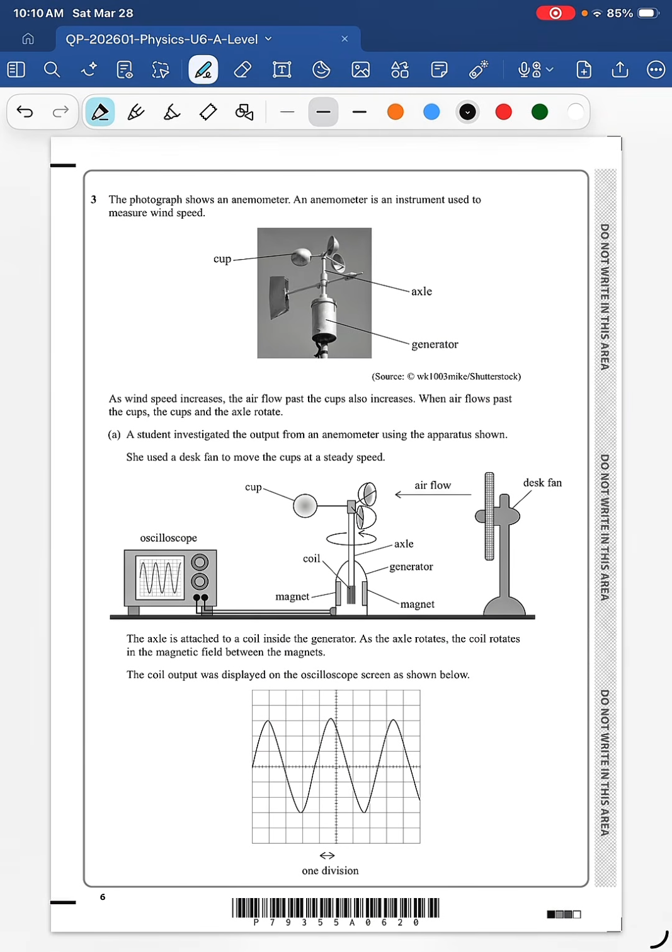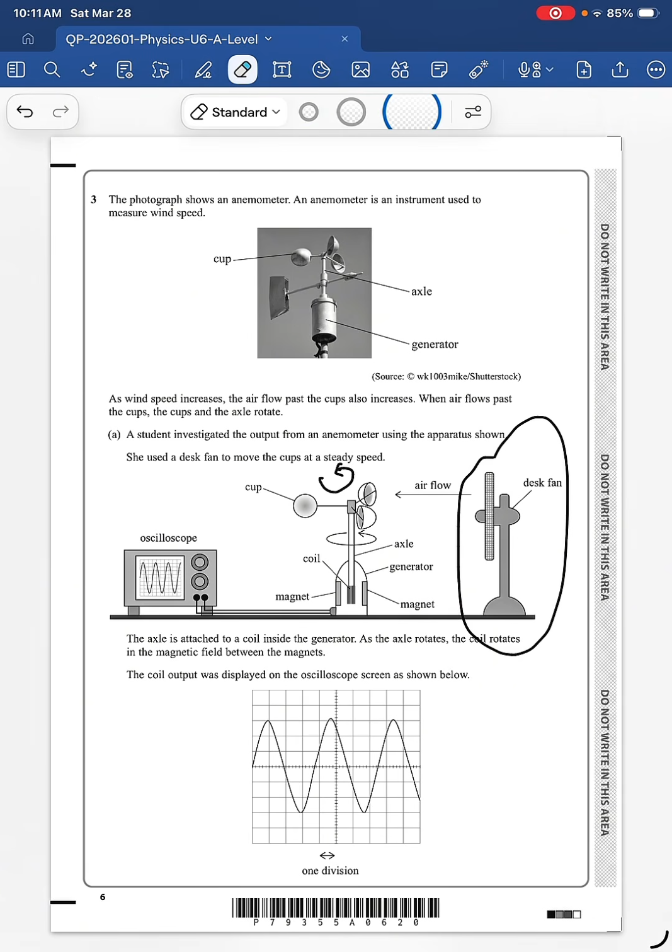A student investigated the output from an anemometer using the apparatus shown. She used the desk fan to move the cups at a steady speed. So this is the anemometer and it rotates. And there are some magnets here, and you have a coil rotating, so you have an EMF generated. Okay, and you use a desk fan to create wind.